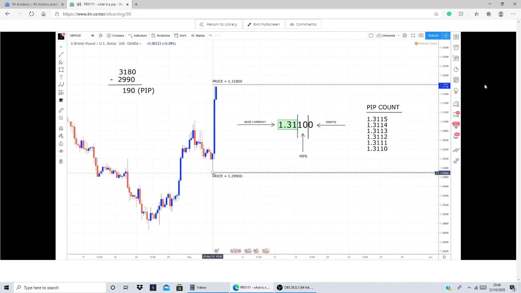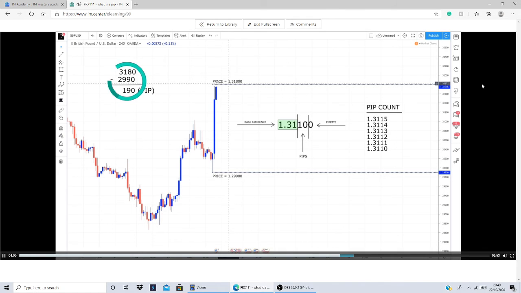Let's say we were looking to buy the GBP/USD right here at this wick of 1.29900. And then the GBP/USD rose and came right over here to 1.31800. What we can do to find out what the pip count is, is simply subtract the pips inside of the number.